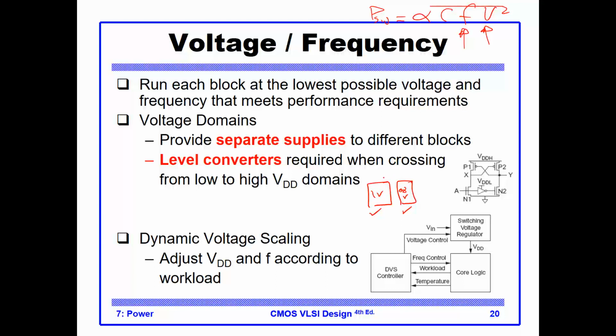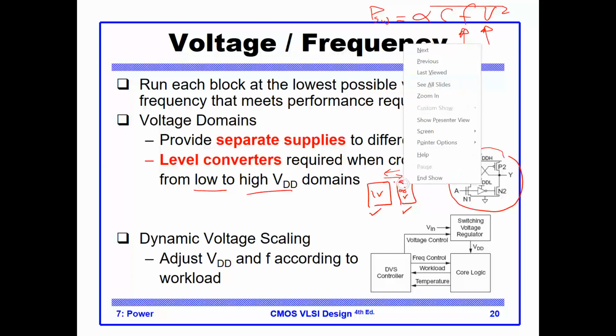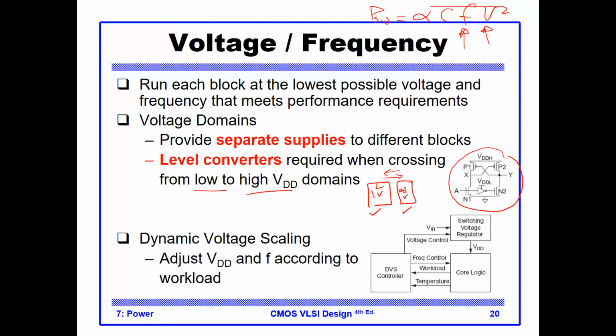The problem is that when you interface these circuits with each other, you end up having to implement something called a level converter, to interface from one voltage level to another. They are certainly required when you are going from a low to a high VDD. So if you have a signal going from the 0.8 volt region to the 1 volt region, you need to implement such a circuit for converting it.